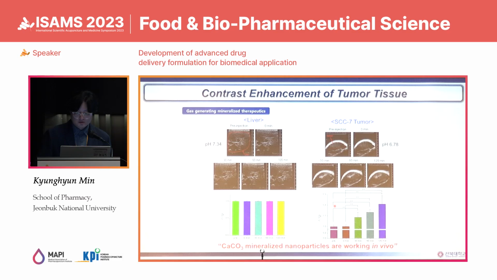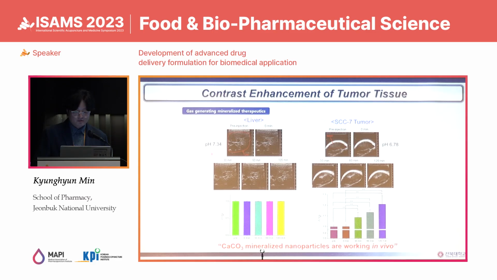This slide shows the preliminary in vivo ultrasound imaging data after intratumoral injection. The liver was used as a control, a soft semi-solid tissue. We measured the pH of the liver and SCC tumor tissues with the semi-solid electrode, and found around pH 7.3 and 6.7 respectively.